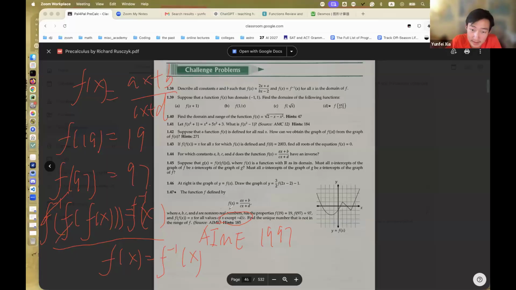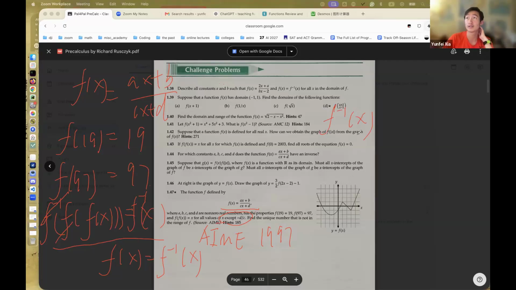And how do you find the inverse of f? Does anyone want to touch on that problem? In what way can one find the inverse of f? Right, reflection is a way, but reflection is more of a geometric way. However, in this case, you want to find the exact expression for f to the minus 1.